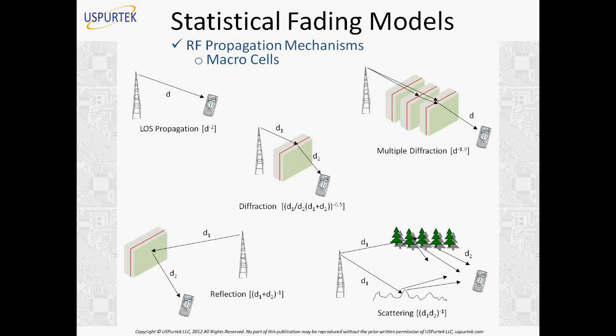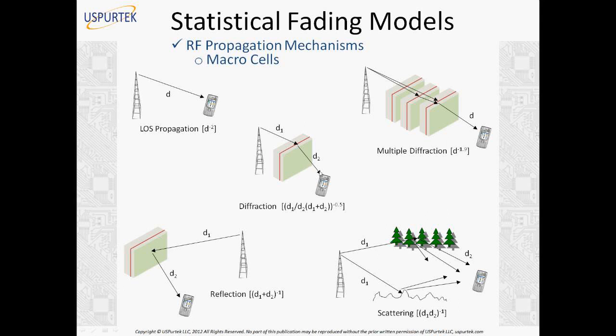There is a question: why does LOS propagation have the strongest power decay? That comes from basic physics. In line of sight propagation, you have a single component of the signal traveling over a certain distance at a certain frequency, and that is the way it is. But in other cases, like diffraction, it's minus 0.5, a combination of distances d1 and d2.